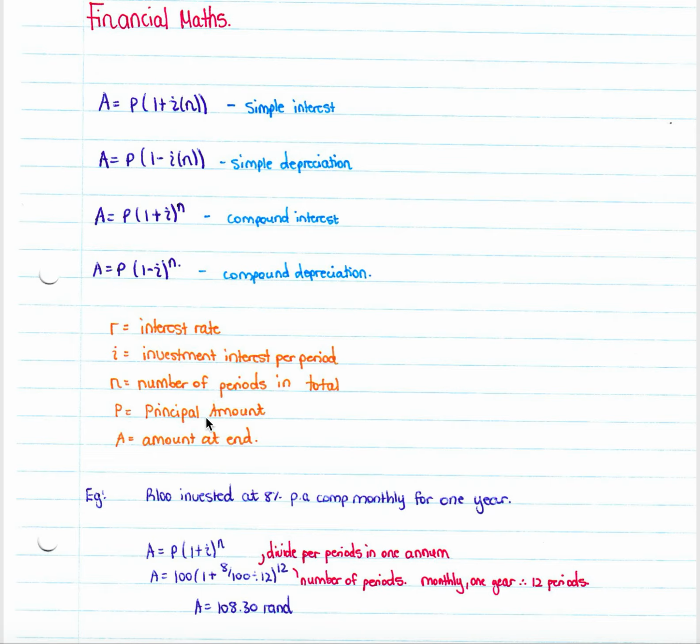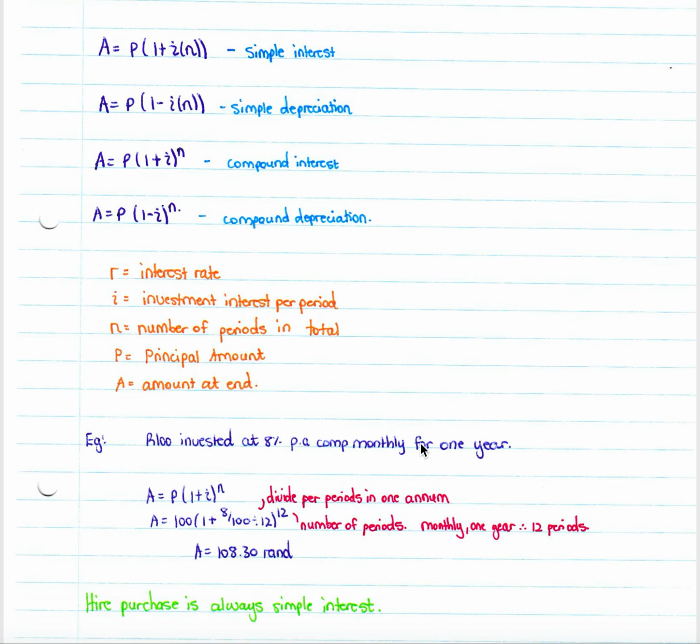n is your number of periods in total. P is your principal amount, the amount that you're putting in, and A is the amount at the end of the period. So for example, 100 Rand invested at 8% compounded monthly for 1 year. So the amount at the end equals the amount you put in multiplied by this bracket.